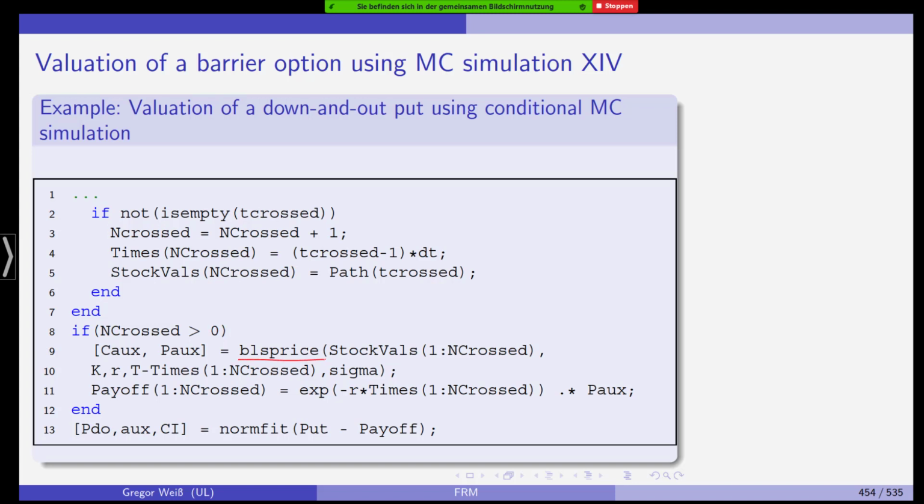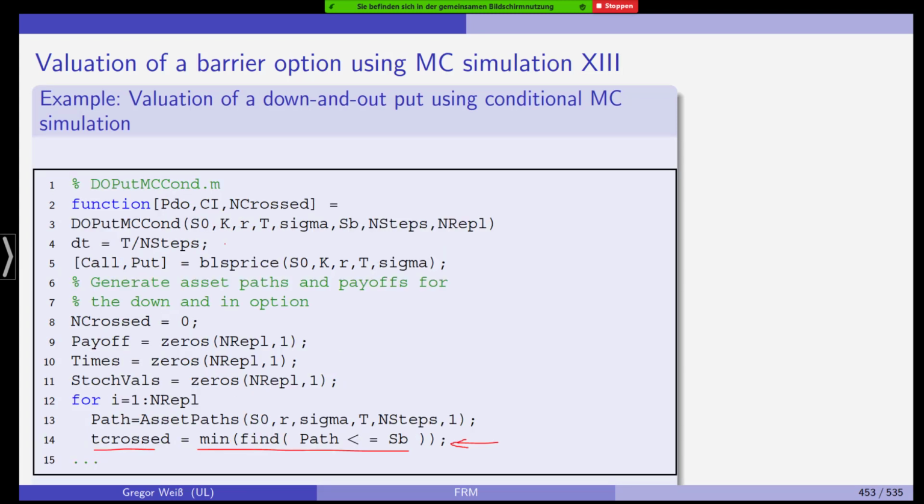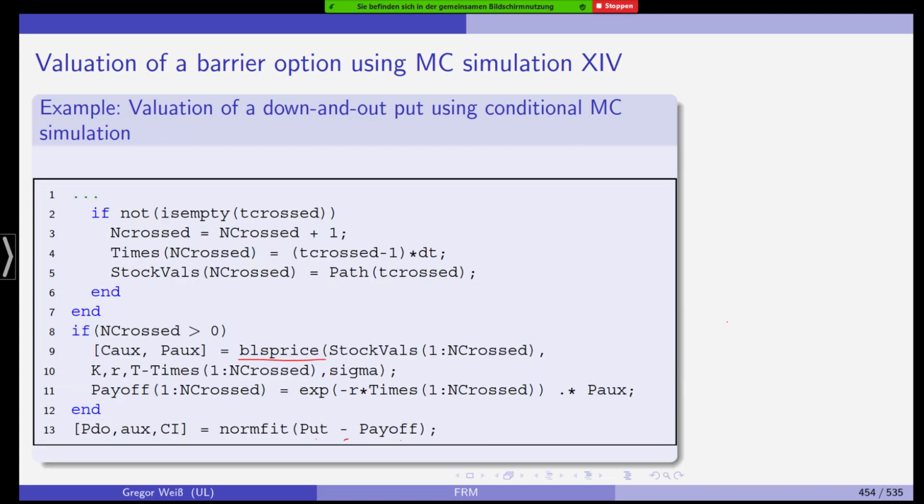We take the previous function, we get the Black-Scholes price, and then we calculate put minus payoff. Remember, we want to do this for a down-and-out put, and we are doing all of this here for a down-and-in put. So we calculate the down-and-in, we calculate the regular put, and then the down-and-out is given by norm fit of put minus payoff.